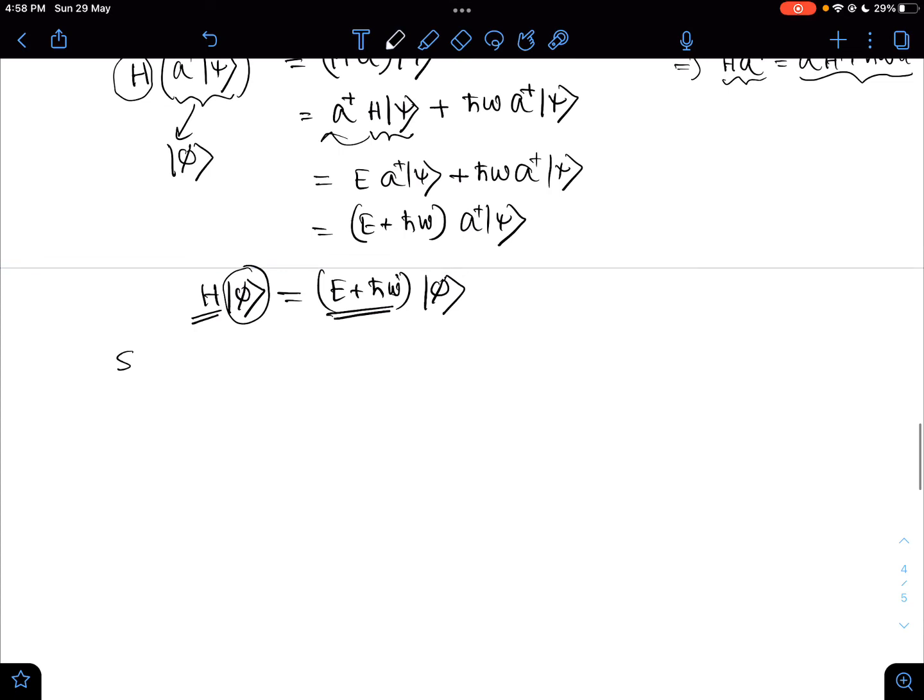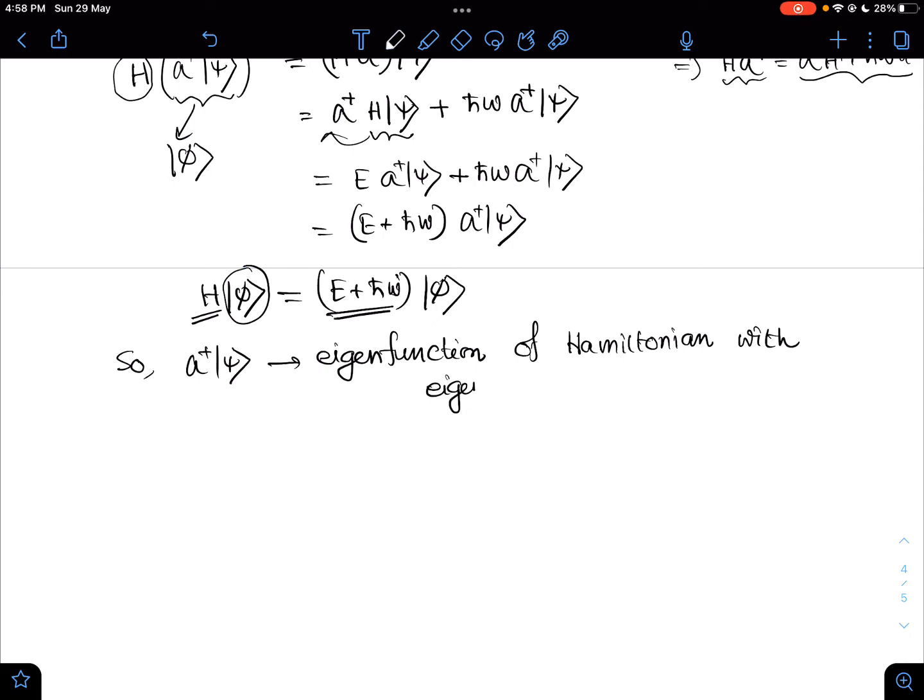So we proved that a† psi is an eigenfunction of the Hamiltonian with eigenvalue E plus ħω.